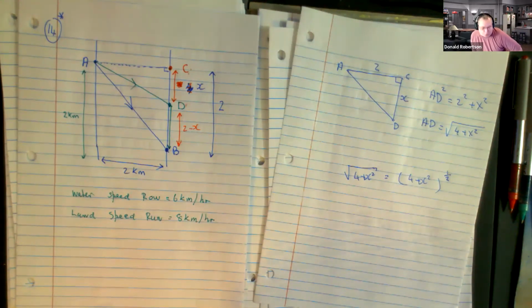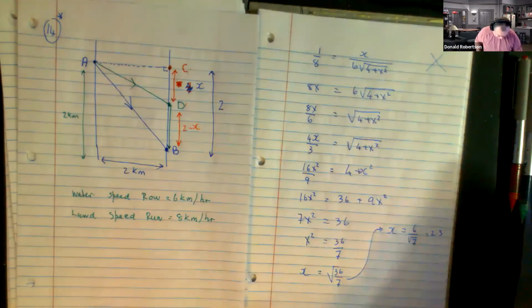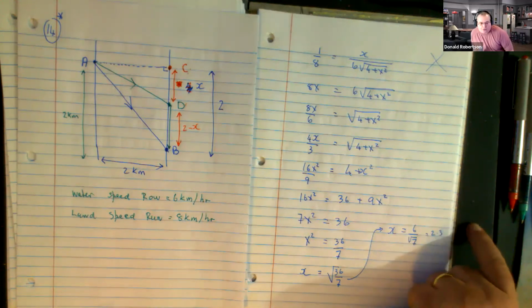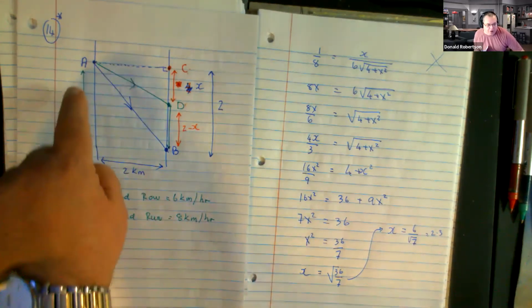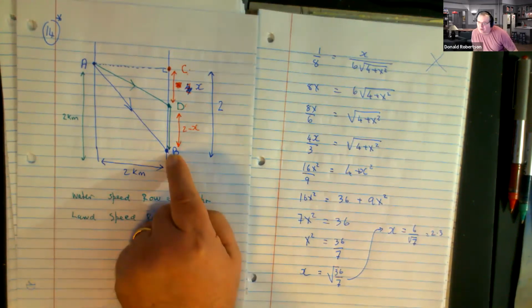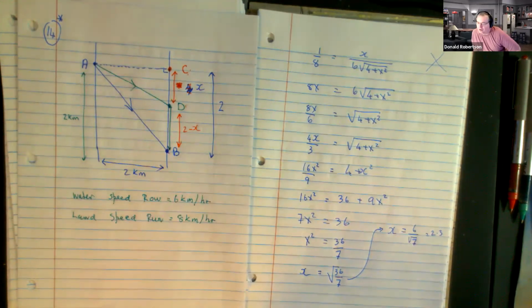Now, this is the only question that we've come across where the answer that we got to our puzzle, whatever you want to call it, wasn't the best answer. It was actually the worst answer. If you use 2.3, wouldn't you sail right by the place and then walk back to it? Would you agree that wouldn't be the quickest? So why don't you just sail straight to it and cut out the middleman with the walk back?